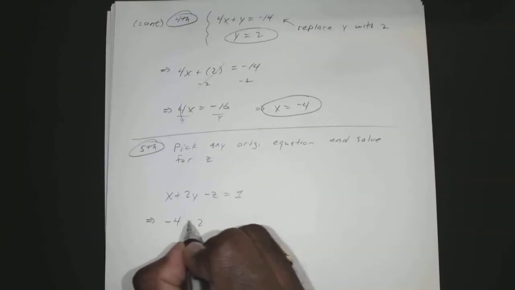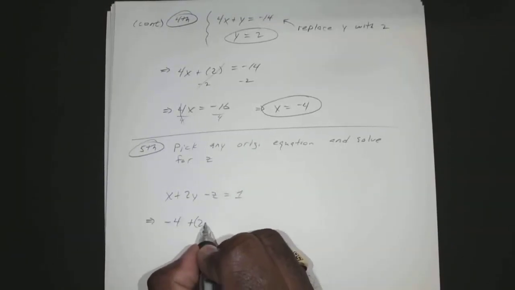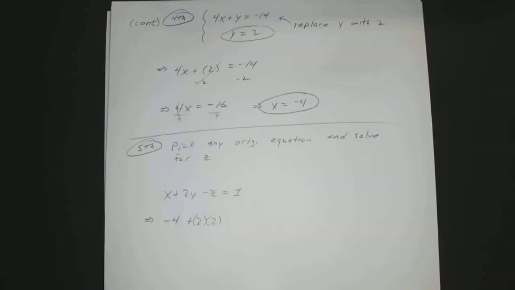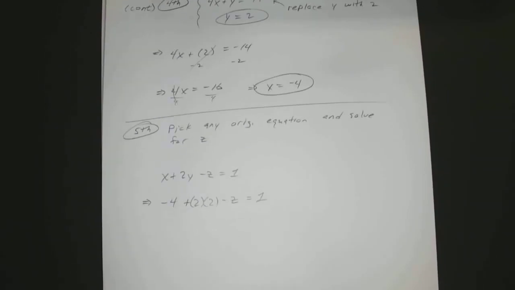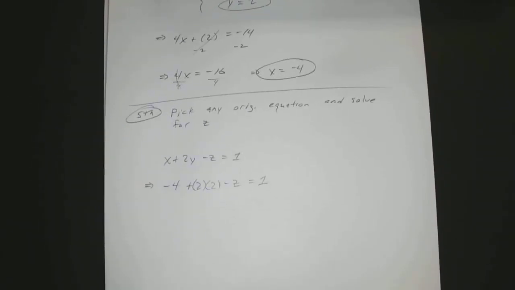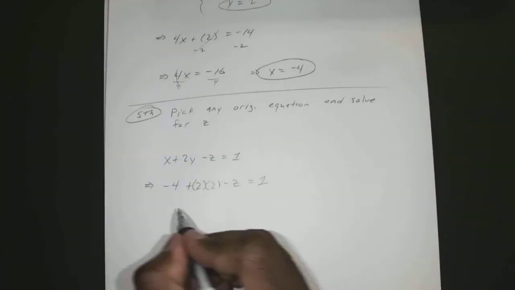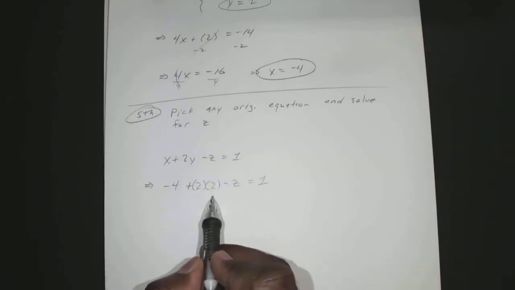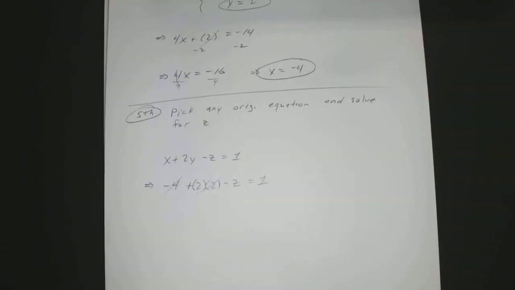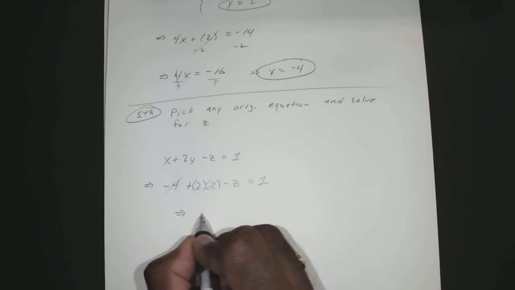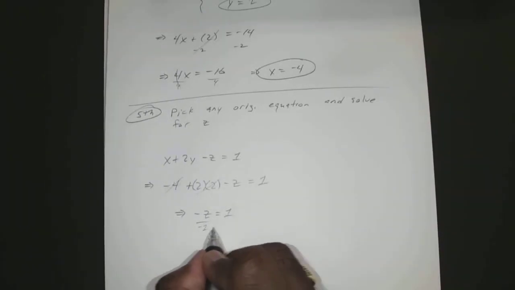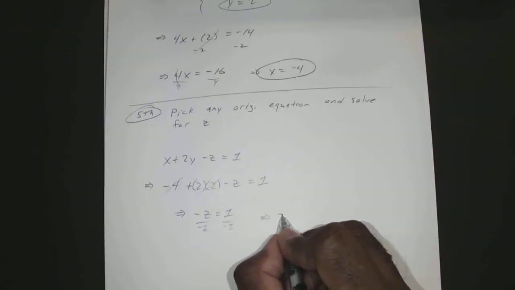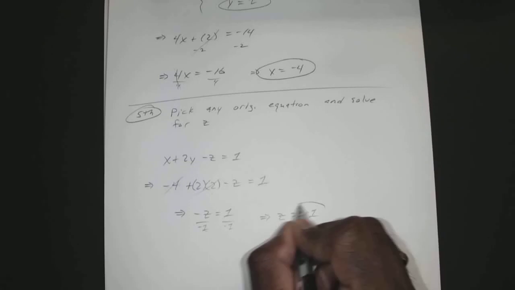So we have negative 4 plus 2 times 2 minus z equals 1. Okay, so you have negative 4 plus 4, which these two cancel each other out. So you have negative z equals 1. Divide each of those by negative 1. You have z equals negative 1.